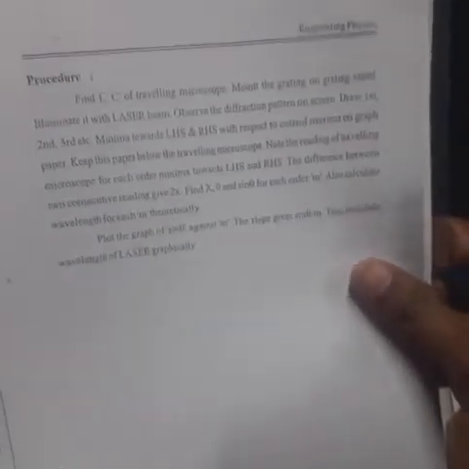This whole apparatus, formula, diagram, observation table, calculations, result and procedure, I will send as a soft copy or PDF copy to your registered mail ID. Then you have to note down the readings, because I am going to provide the readings to all the students.